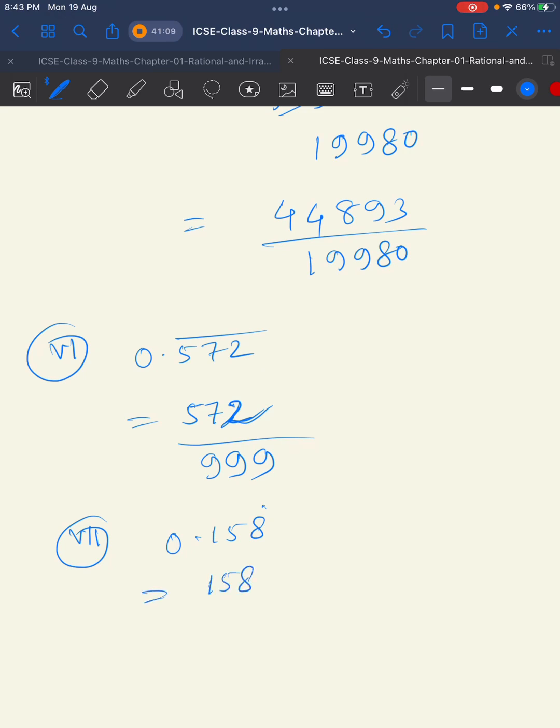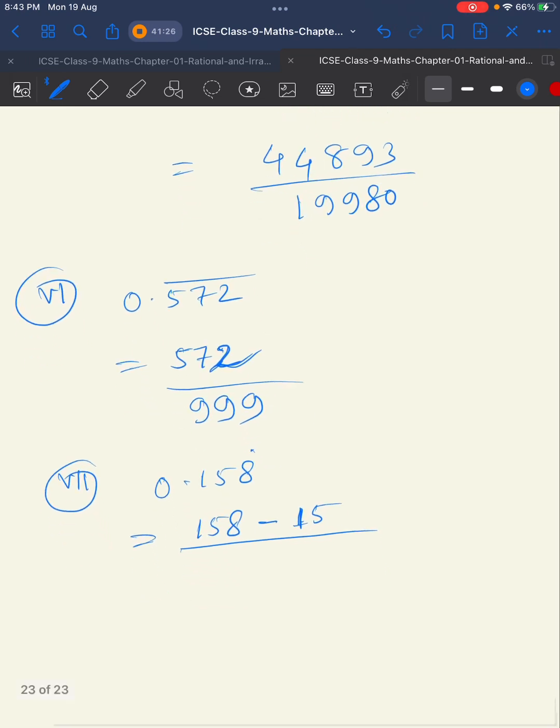0.158 bar. The digits 158 we can write here. Now we write 15, the digits which have no bar.